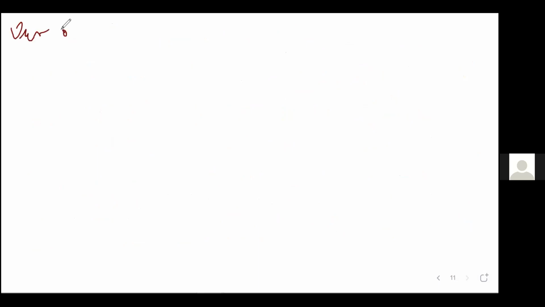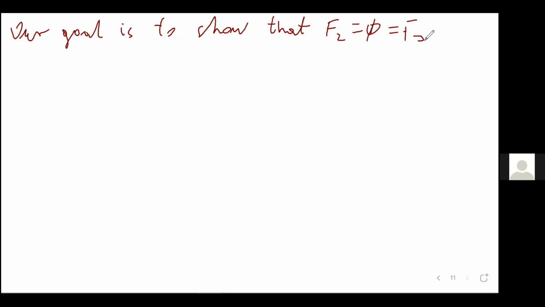Let me write it. Our goal is to show that F2 is empty and F3 is empty. But it's a long way. It's not so immediate. So first, I'm going to prove that F2 is empty.